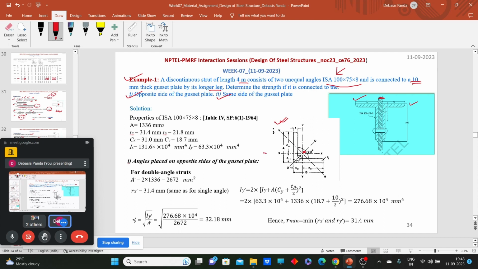That means your XX axis is somewhere here and your YY axis is somewhere here. This is your YY and this is your XX axis. So we have different radii of gyration for this member. When we connect this member like this, my x dash will pass from here and my y dash will pass from here.